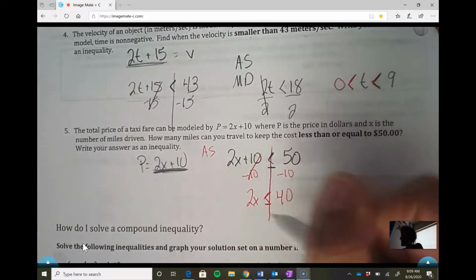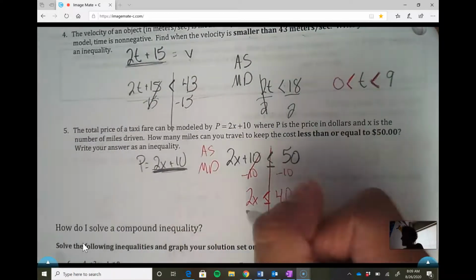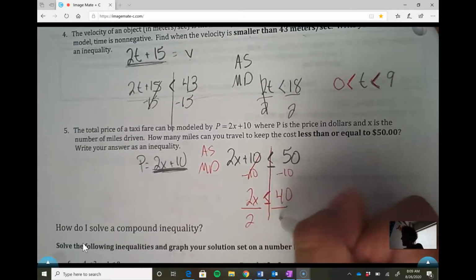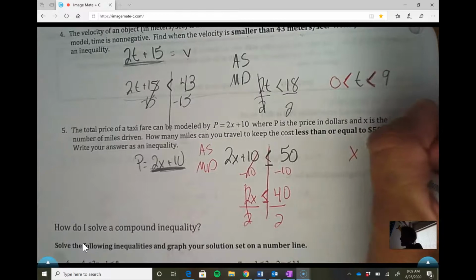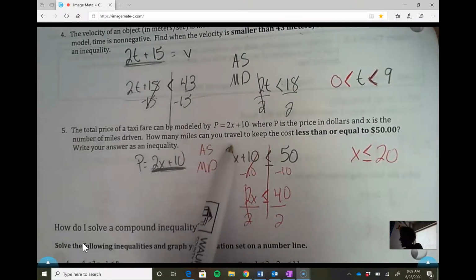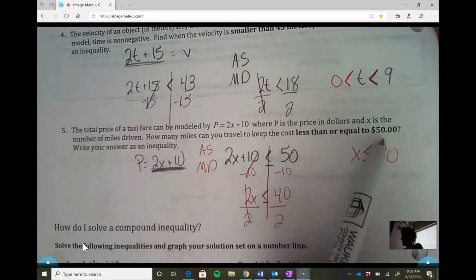Here I have 40, and then I'll undo my multiplication division. So these are multiplied, I'll divide, cancels out, and when I'm done, I have x is less than or equal to 20.